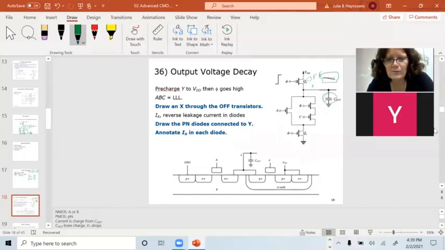We're pre-charging Y to VDD. Okay, pre-charge Y to VDD. Then phi goes high. When phi goes high, this transistor goes off. I've got a really good picture of this one here.